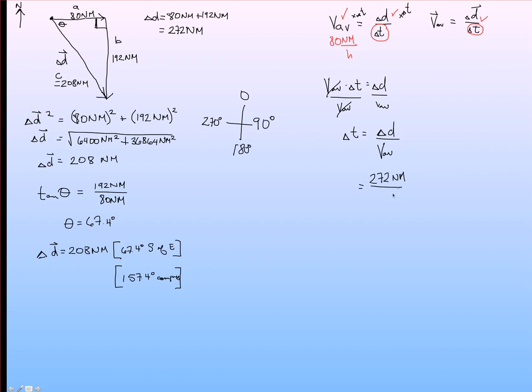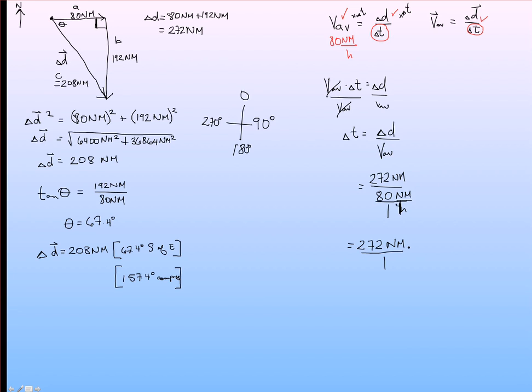nautical miles per hour. Now, remembering that this is a rate, 80 nautical miles for every 1 hour of travel time, dividing by this means multiplying by its reciprocal. So let's look at this carefully, so we can account for the units. We're going to take this 272 nautical miles and multiply it by the reciprocal of this number here.